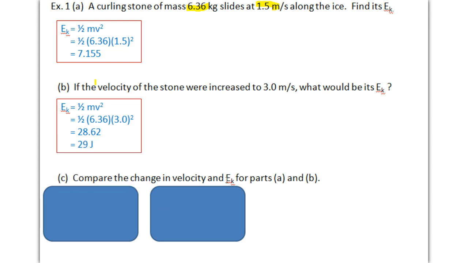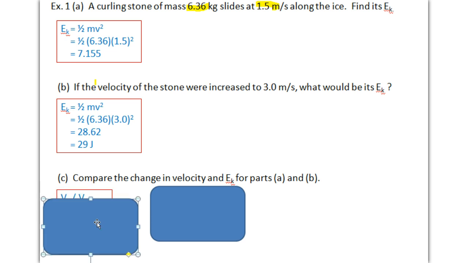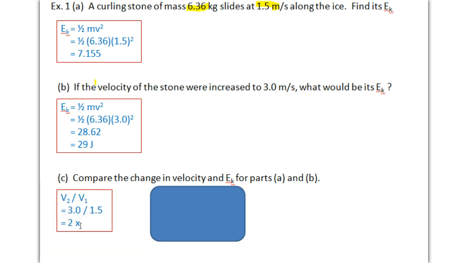And compare the change in kinetic energy for parts A and B. So initially we had 7.2 joules, doubling its velocity changed the energy to 29, which is what we've done here.